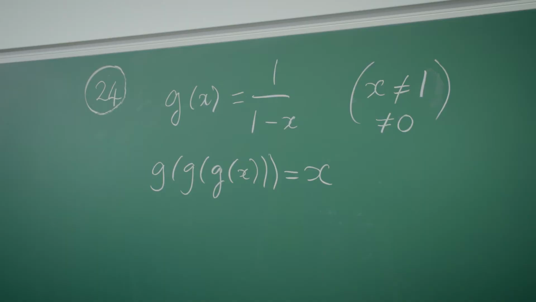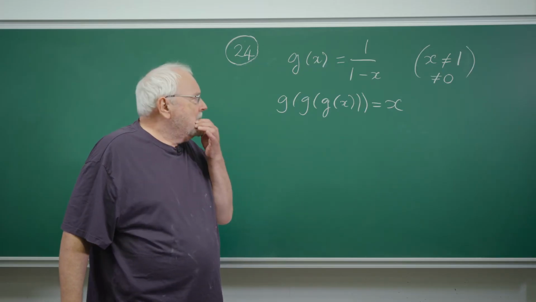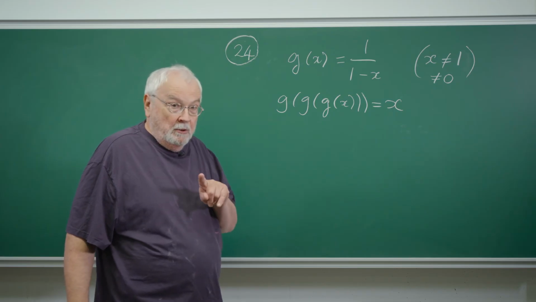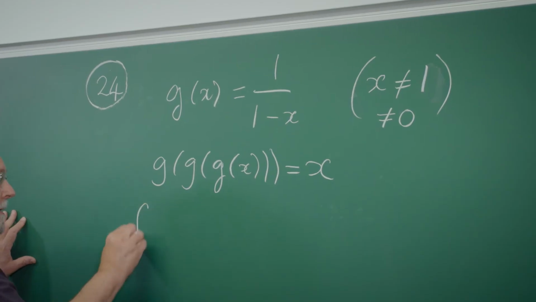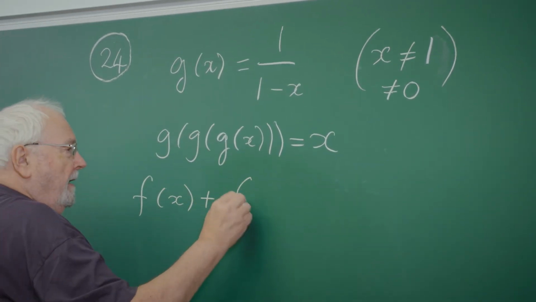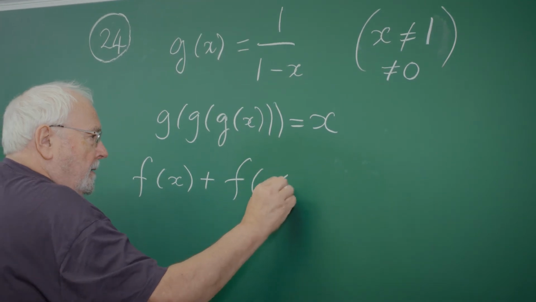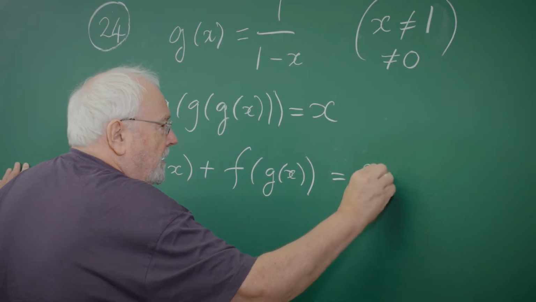It does nothing at all. It gets you back where you started. So, when we look at our original problem, cast it in this language, the equation we were given was that f of x plus f of g of x was equal to, well, in this case, 24x.